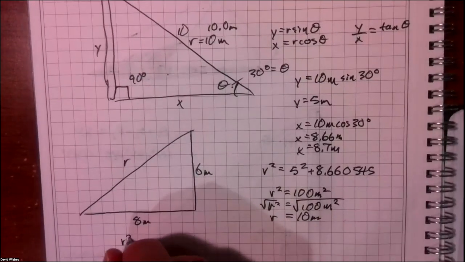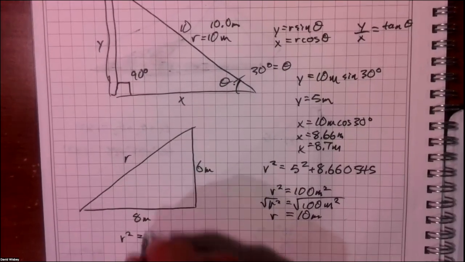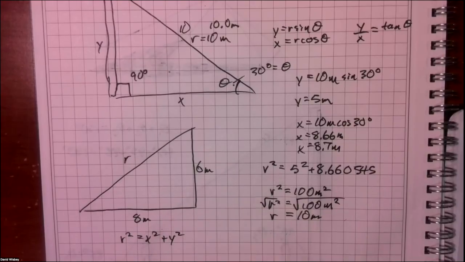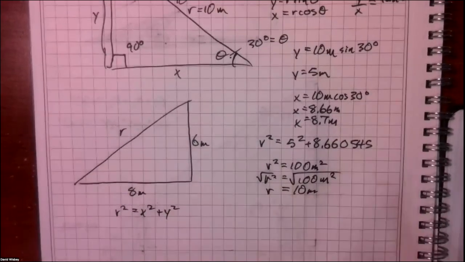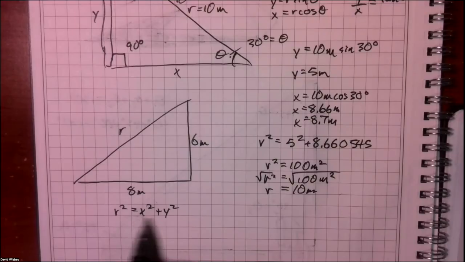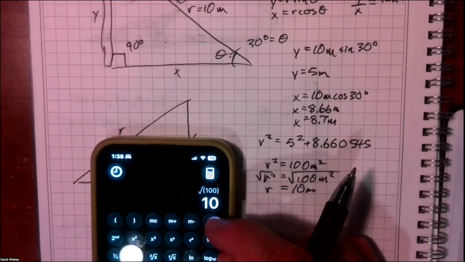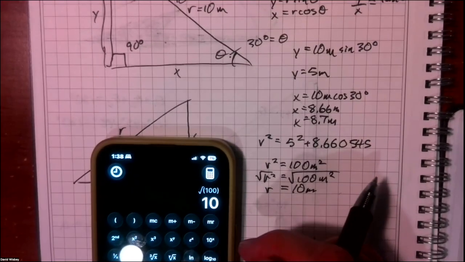Okay, so we've got r squared, and when I solve these, I like to just write down the equation in symbolic form before I do the problem. Right, just on your paper, write down the equation that you're going to use, and then put in the numbers, because there's a temptation to just immediately start plugging numbers into your calculator.